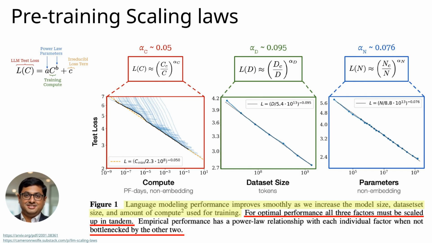For optimal results, all three elements must be scaled together. This power law trend is why research can confidently project future gains from larger models, more data, and greater compute. As a result, ever-increasing computing resources are needed to fully realize these improvements in model training.